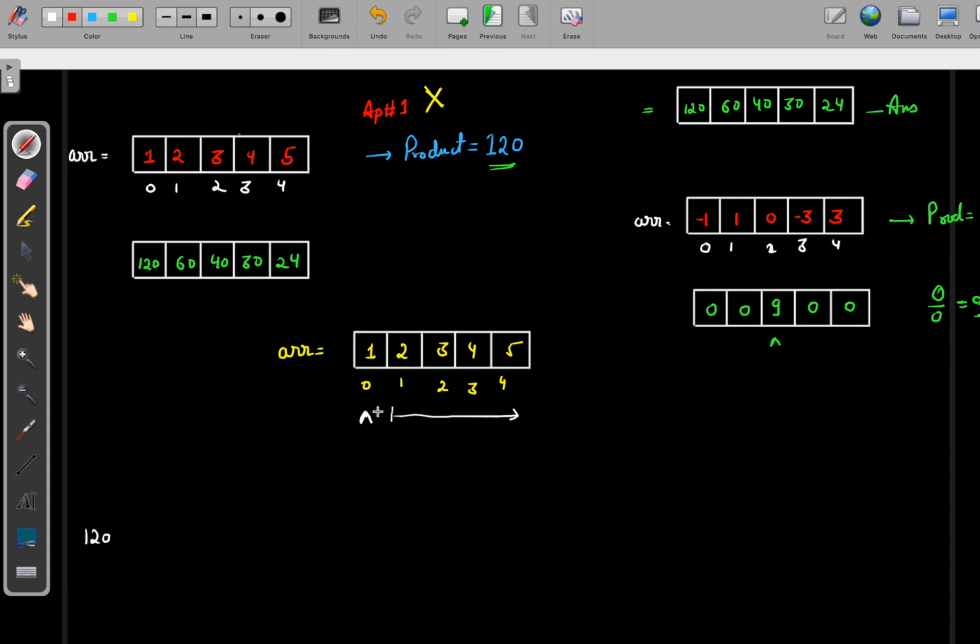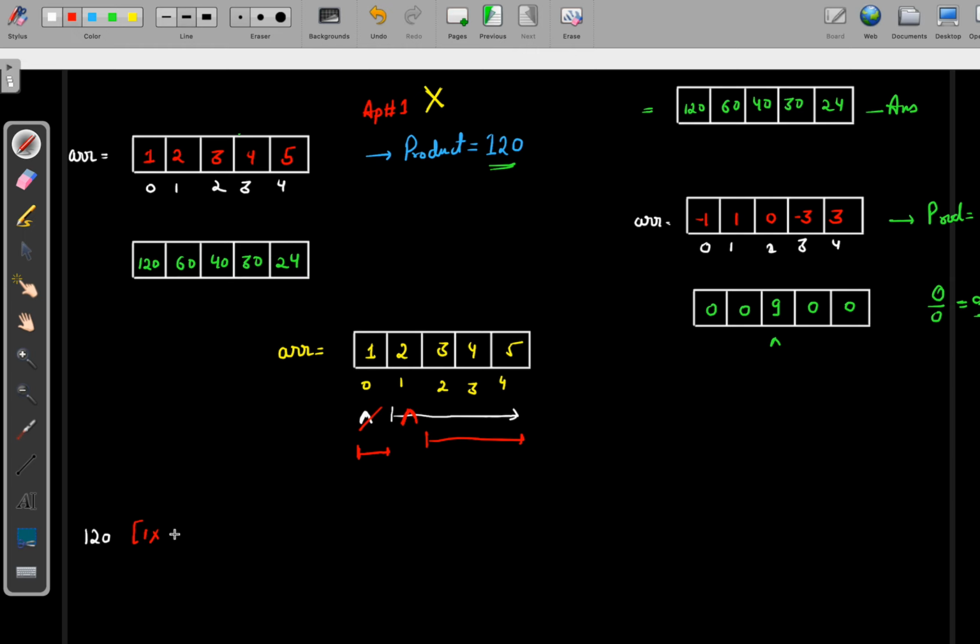Now I will move my pointer, and again I will start from 0, and I will leave this number only, and again I will take the product of all the rest. Suppose you take the product here, you will get 1, and you will leave 2, and then you will take the product of all the rest of the numbers, and that will be 60.